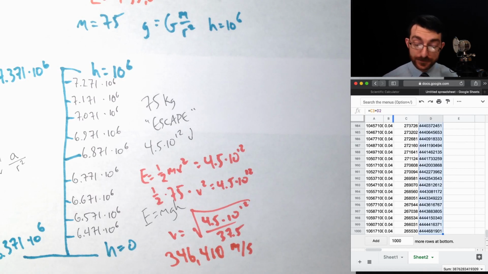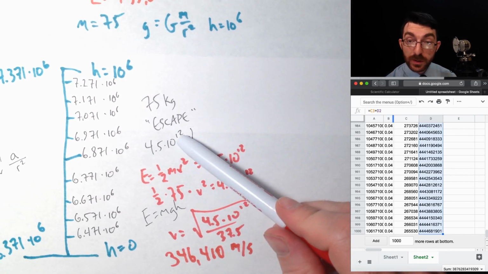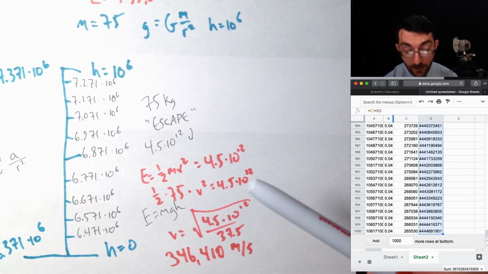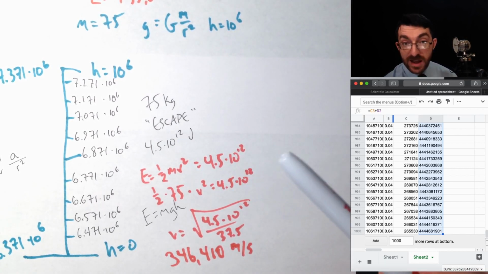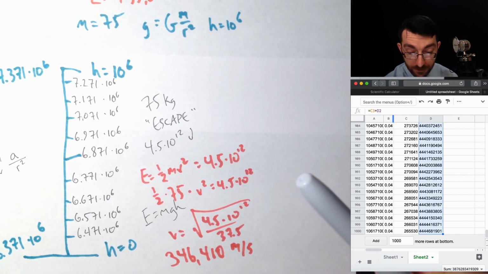One is, if I have a velocity of that magnitude, my kinetic energy will be 4.5 trillion joules. And that is equal to the total amount of gravitational energy that the Earth has on me. So give me enough energy and I can just break free.